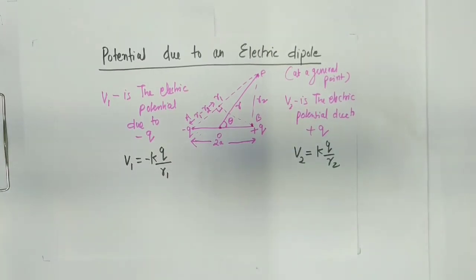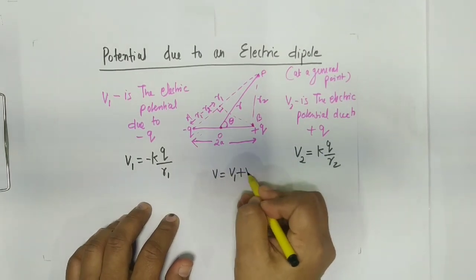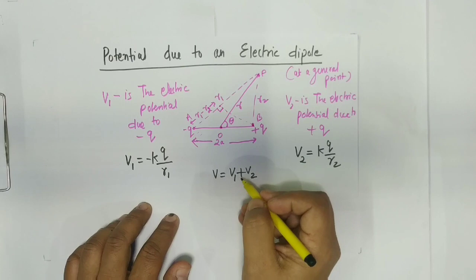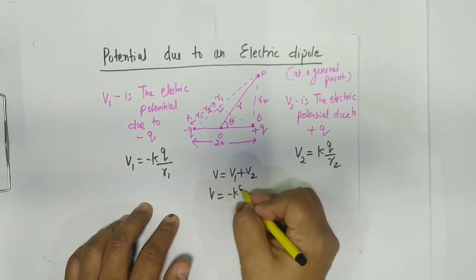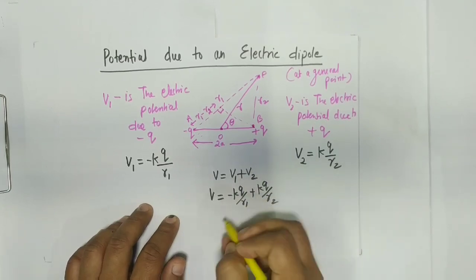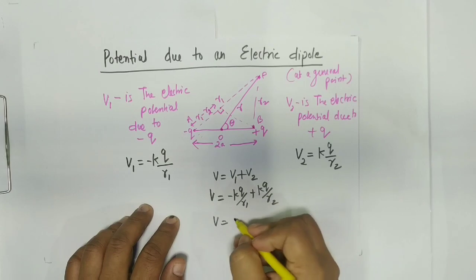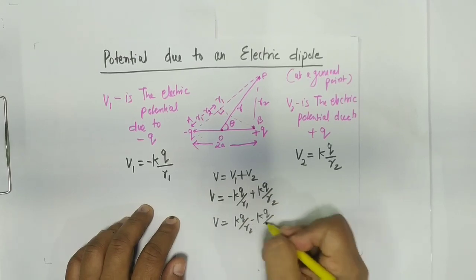The net potential will be V equal to V1 plus V2, as potential follows additivity. So simply we add them: minus KQ by R1 plus KQ by R2, which we can also write as KQ by R2 minus KQ by R1.